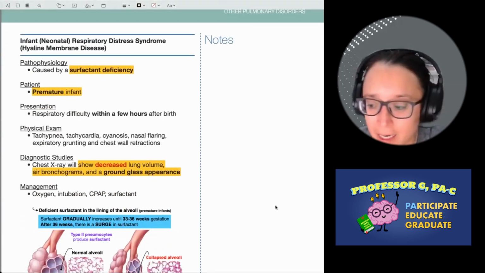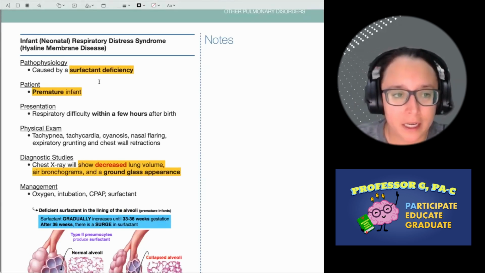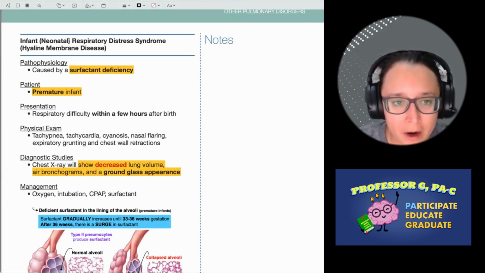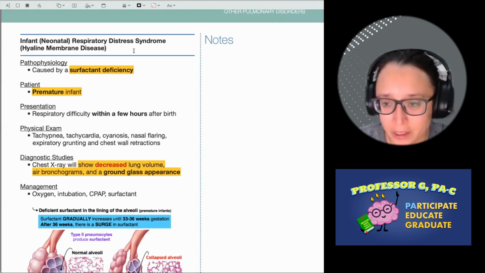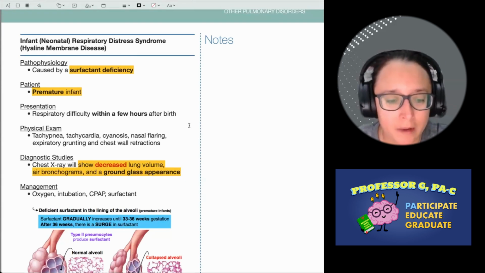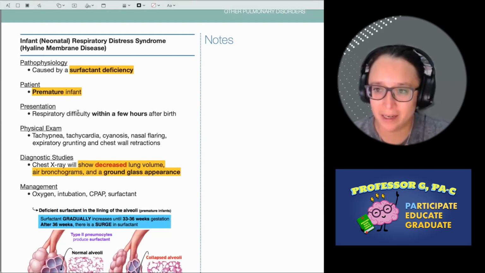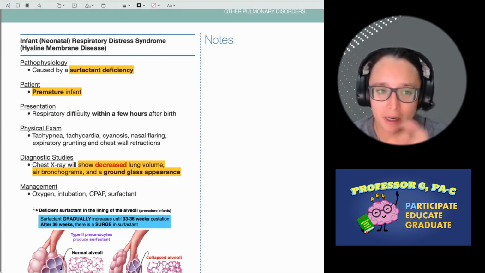Last but not least, last thing, I'm sure we're ready to be done. IRDS. It's either called NRDS or IRDS, or it can be called hyaline membrane disease, which is the old way that we called it. If you see it in a vignette on this test, talking about a premature infant in the first few hours after they're born, we're talking about this.